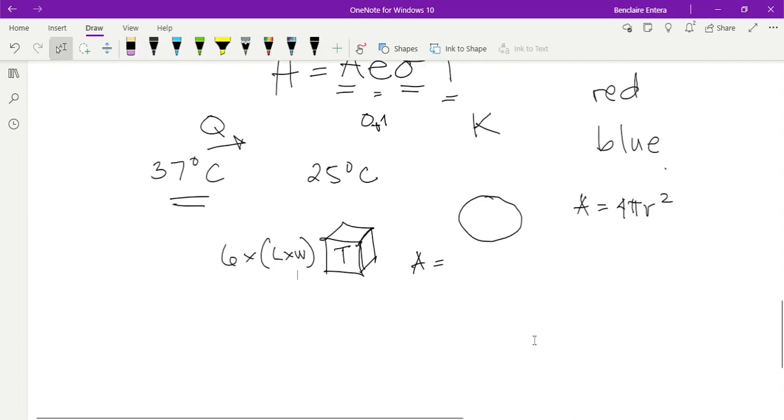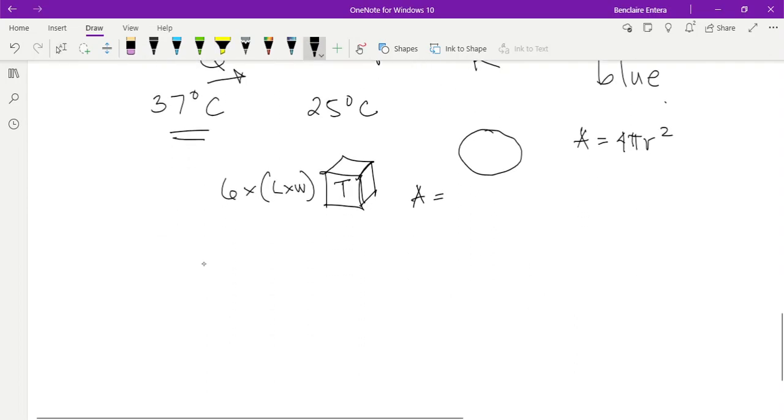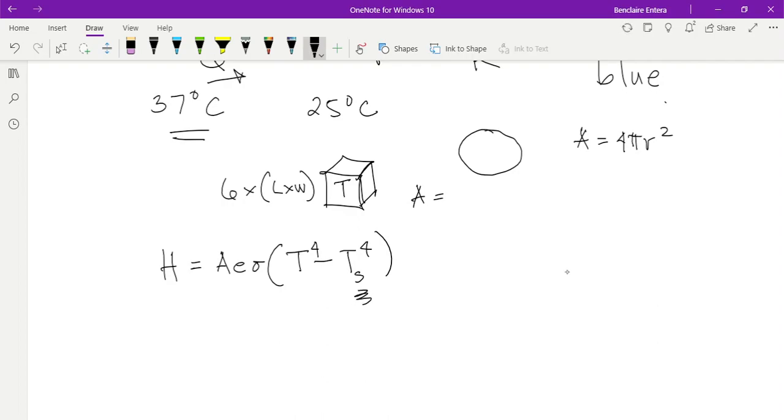Okay, we also have an equation for radiation, equal to A E sigma, then T minus Ts. The Ts is the surroundings.